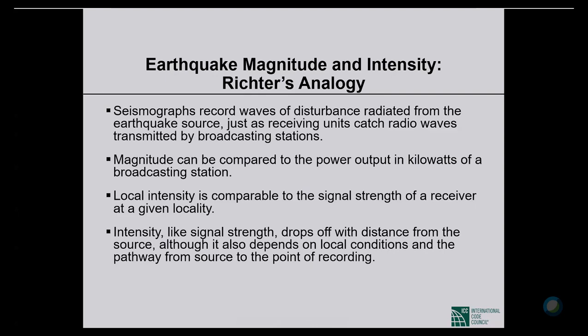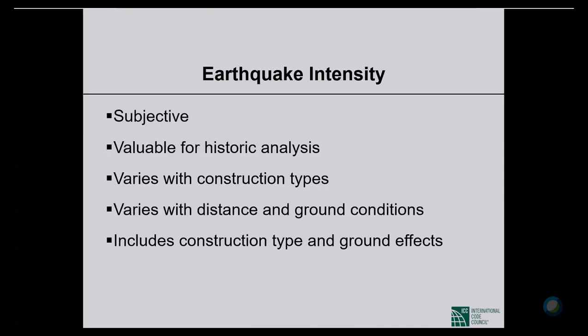But the other factors that play a role in the signal that you will receive are the source to site transmission path, the path that the waves travel in coming from the broadcasting station to your unit, and local conditions where your unit is. And we will talk about each of these things in the earthquake context very soon.